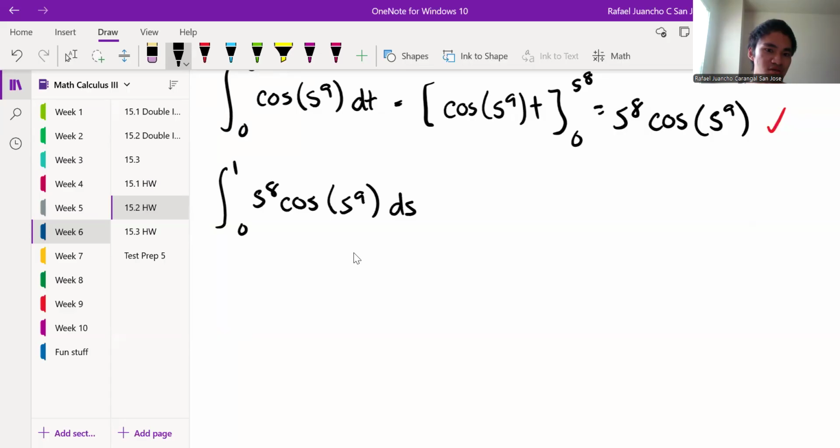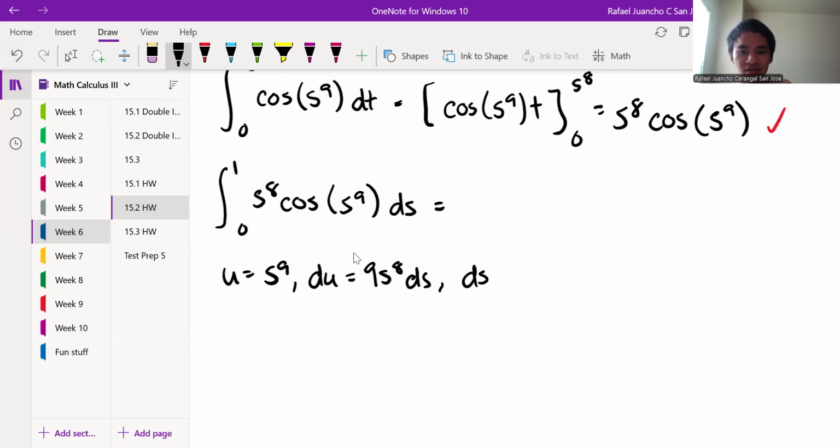Let me think. Let's try doing a u-substitution. If I pick u to be s to the 9th, my derivative would be 9s to the 8th. So I think that makes sense, right? And so my 9s to the 8th ds, and so my ds is 1 over 9s to the 8th du.